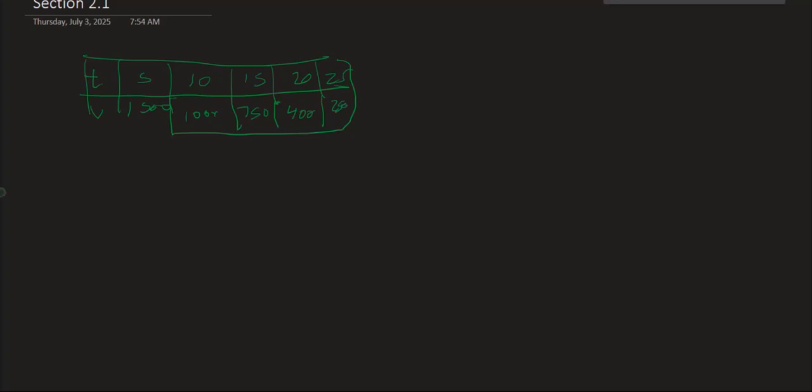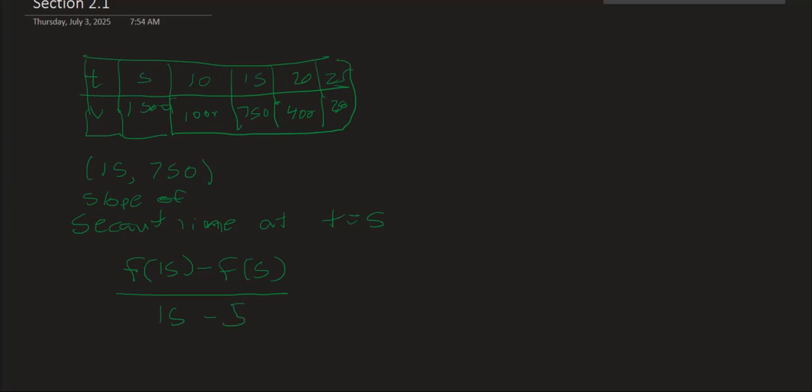It says if P is the point on the graph, that is the point (15, 750), then find the slopes of the secant lines when T is 5, 10, 20, 25, and 30. To find, for example, the slope of the secant line at T equals 5, you would do f of 15 minus f of 5, over 15 minus 5.